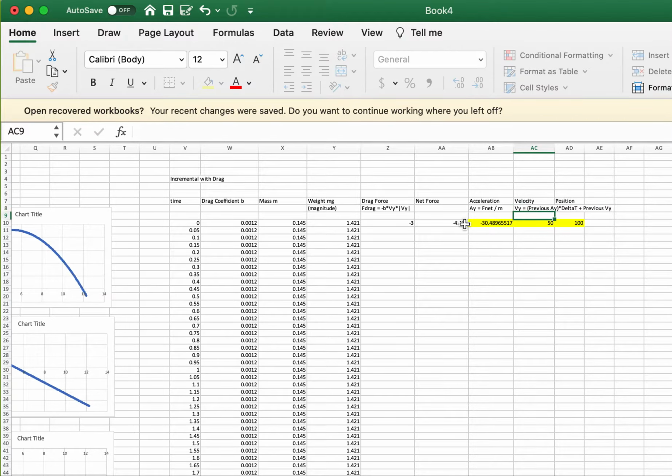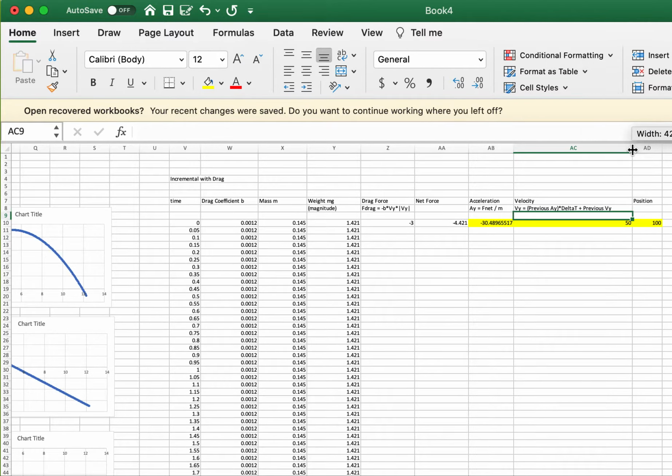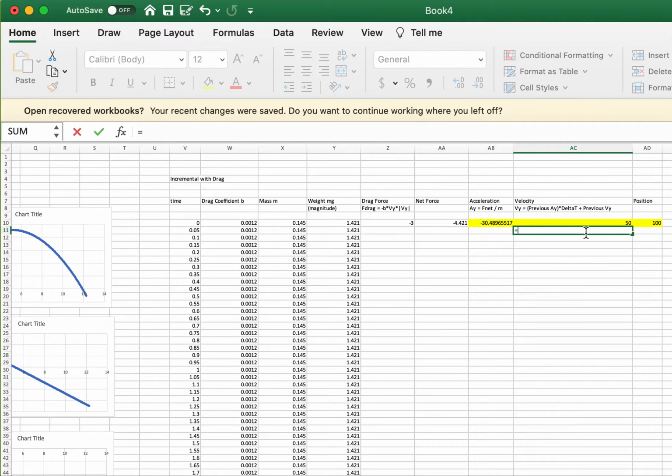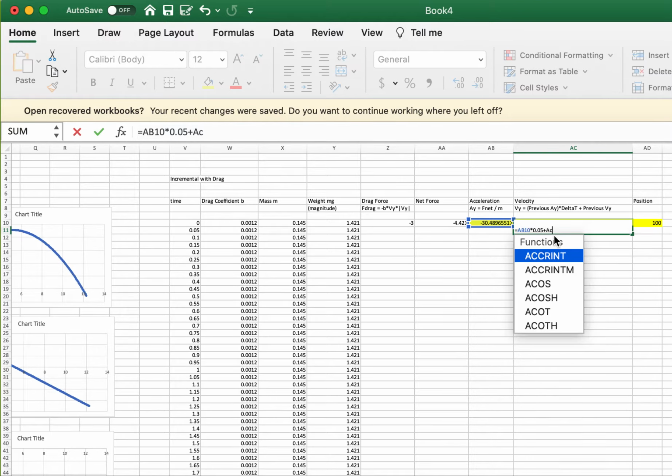That's what I did in the other example. So let's type that in. Previous AY is AB10. Multiply by 0.05, the incremental time. Then add the previous velocity, which would actually be the cell above me, AC10.